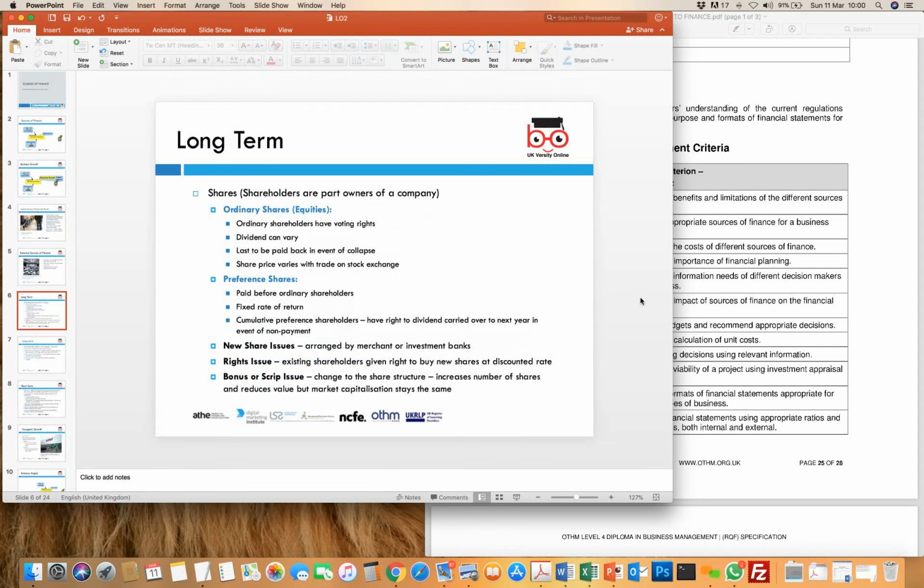Now, if I detail this out in this slide, that would mean there are other forms of long-term sources which the company can also generate on its own. So one of the key things that we hear is, when a lot of companies become successful and have large operations, they tend to list on the share market. Now, when they list on the share market, they issue something called shares, and that would mean the ownership of the company. They're going to try and issue shares which will allow individuals or members of the public to have ownership in the company.